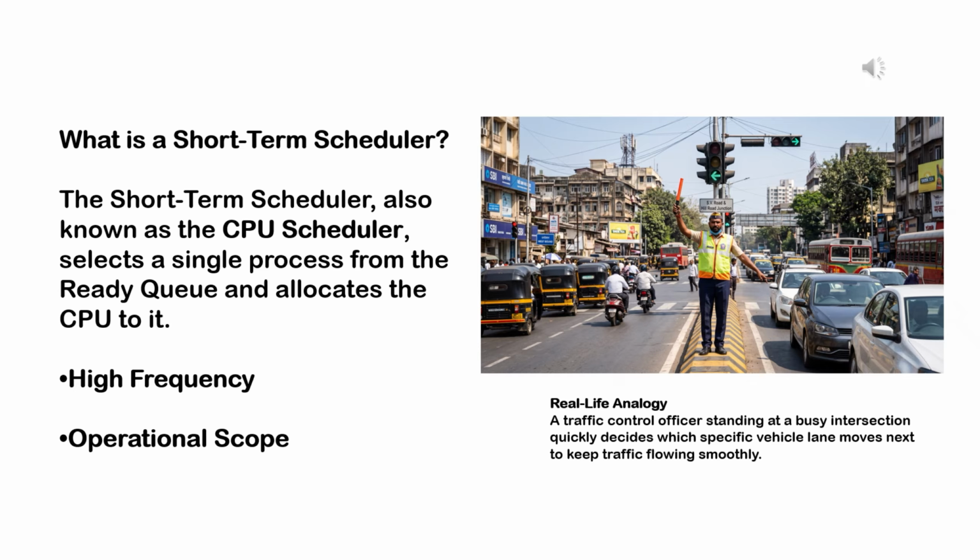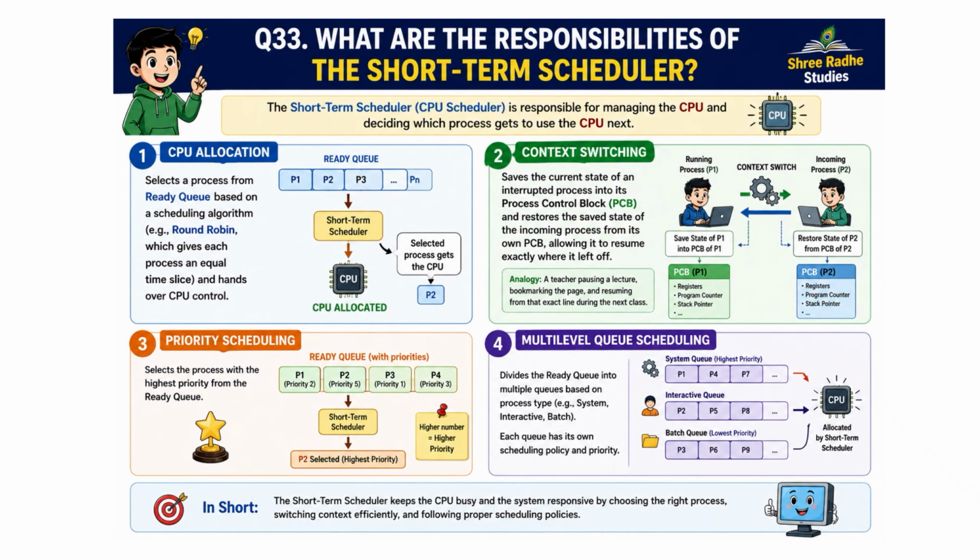The short-term scheduler performs several important tasks. Its primary responsibility is CPU allocation. It selects the next process from the ready queue according to a scheduling algorithm, such as first-come, first-served, round-robin, or priority scheduling. It also performs context switching. Whenever one process stops and another begins, the scheduler saves the current process's state inside its process control block, or PCB, and restores the saved state of the next process.